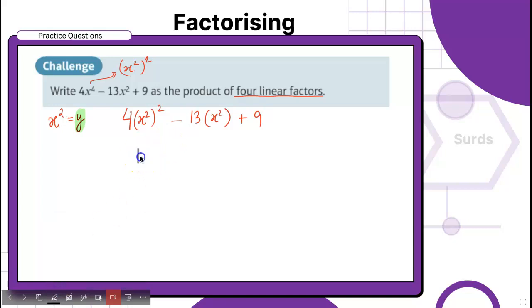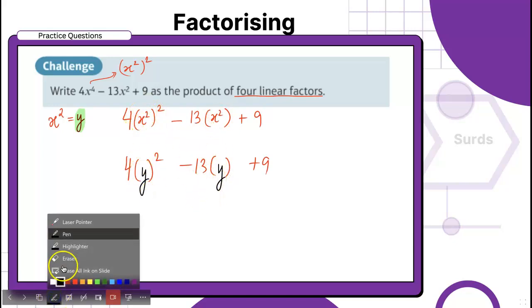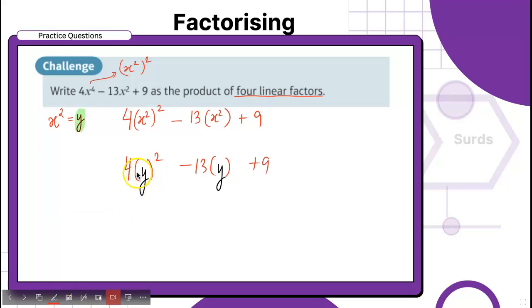So 4y squared minus 13y plus 9. I'll be changing the color just to make it easier to understand. So what we did, x squared is written as y. Correct? So you have an equation 4y squared minus 13y plus 9.